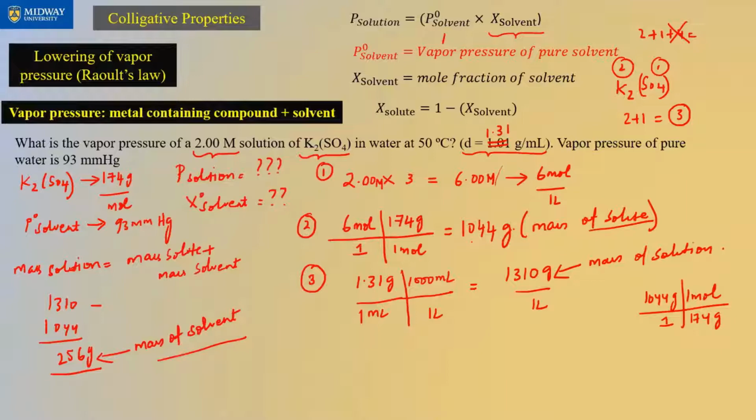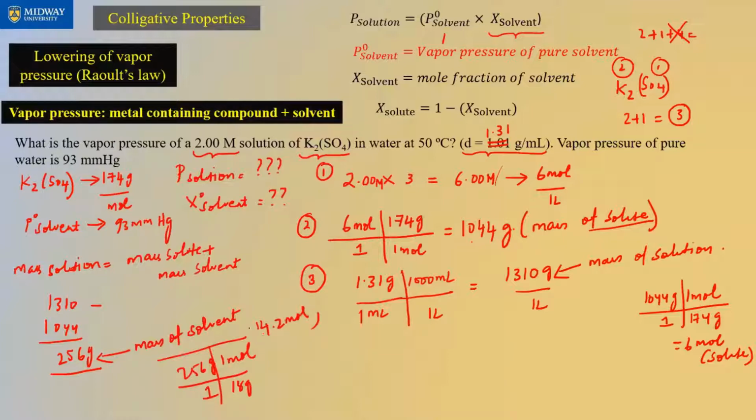I guess we wouldn't need to do that step, but let's do it anyway. 1044 divided by 174 gives us 6 again, which is moles of solute. Sorry, I'm using every possible space to keep it within one screen. Then the mass of water over 18 gives the moles of solvent, 14.2 moles.